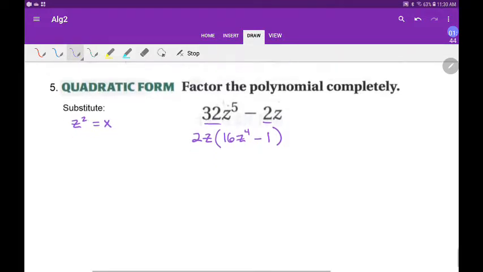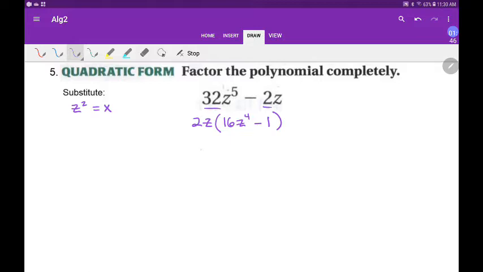Okay, so then I'm going to substitute that in. I'm going to leave the 2z out of it for now, and I'm just going to focus on the 16z to the 4th minus 1. And instead I'm going to say 16x squared minus 1, and that's the same thing, right?